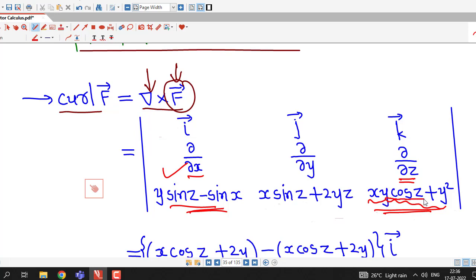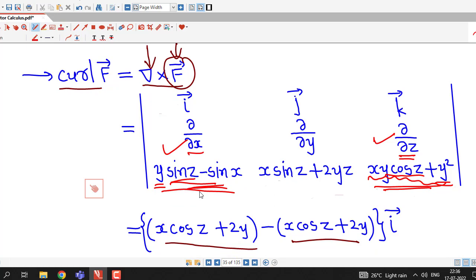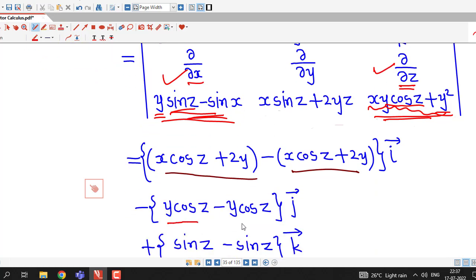So y cos z is constant, the derivative of x is 1, plus the derivative of y square is 0. So we have y cos z, minus the derivative of this quantity with respect to z. We consider x and y as constants; y is constant, the derivative of sin z is cos z. So we have y cos z. That is written here: y cos z minus y cos z, times j.